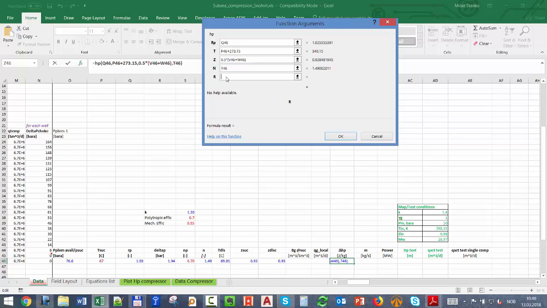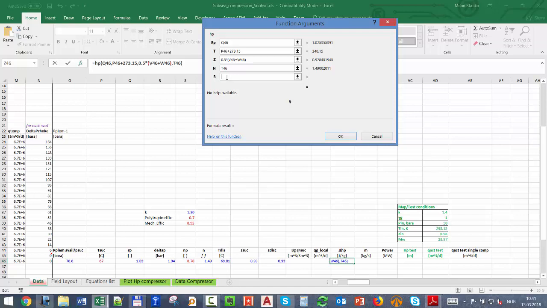What is that R? Constant for either gas. The gas constant, okay, but it's for that particular gas. And if you remember, how do I calculate that R for a particular gas? It is the universal gas constant divided by the molecular weight of the gas. And in this case, we have to use the units of this one.